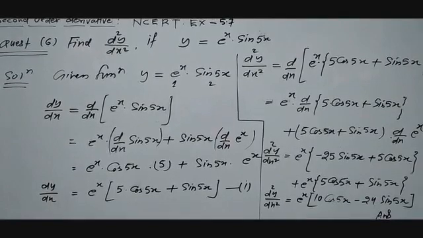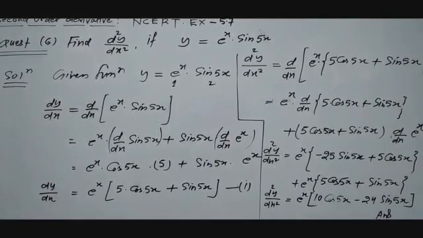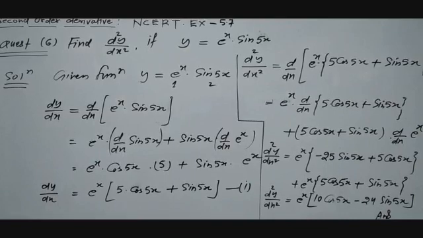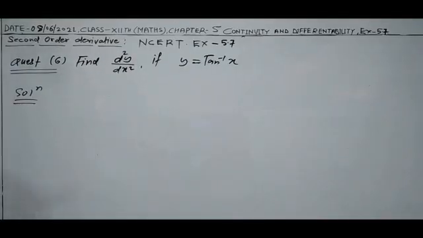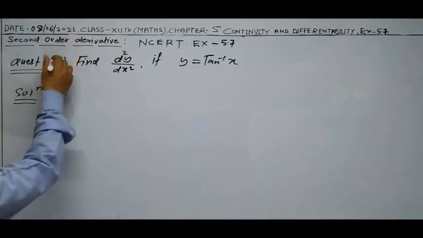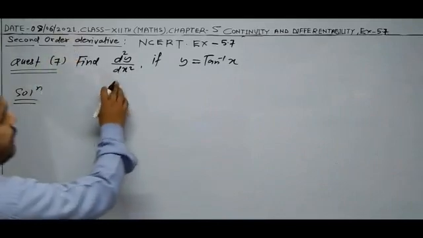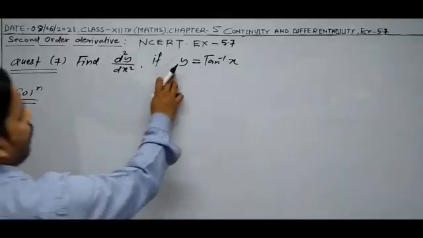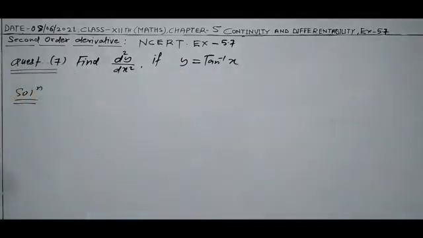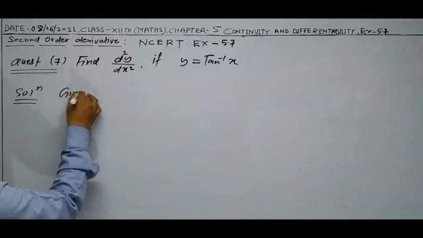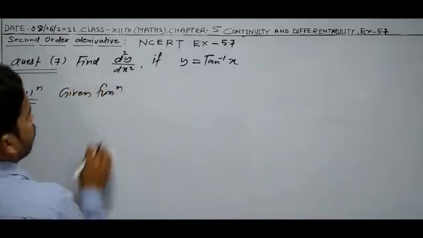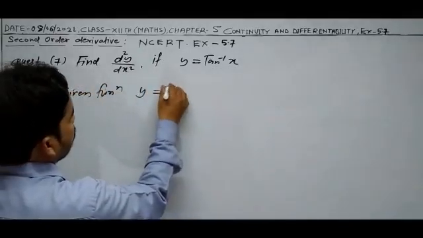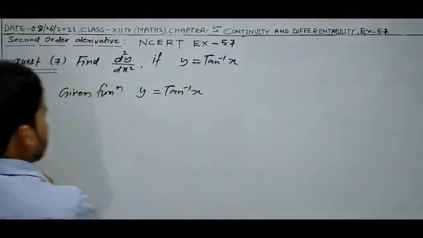Now come to the next question. Question number 7 is: find d2y by dx2 if y is equal to tan inverse x. So the given function is y equal to tan inverse x.